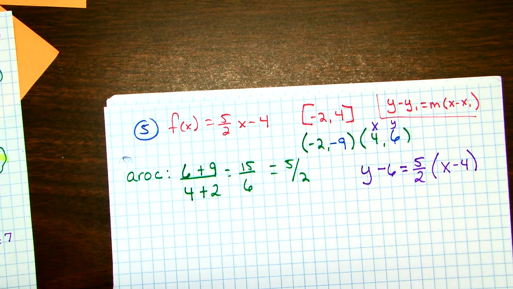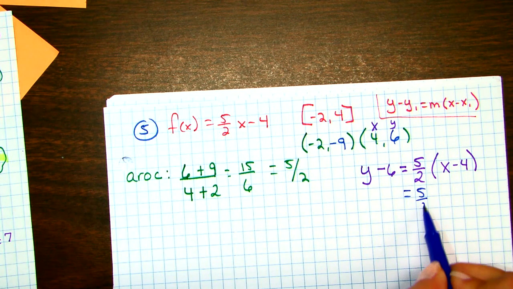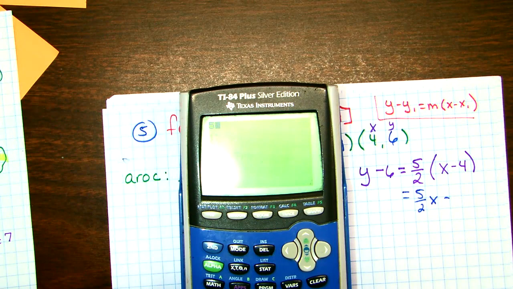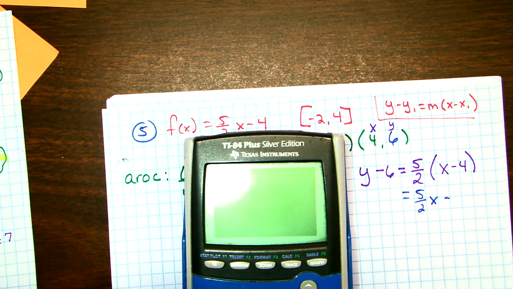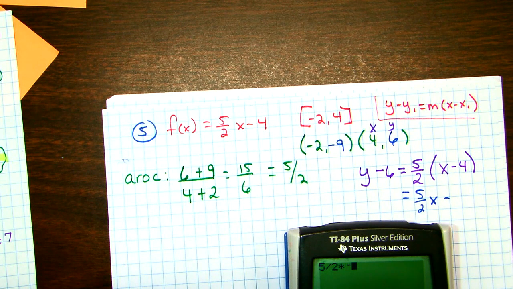That's point slope form. Then we will distribute 5 divided by 2, so there's my 5 halves, times -4.